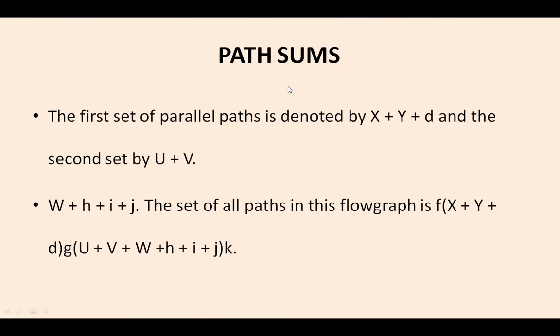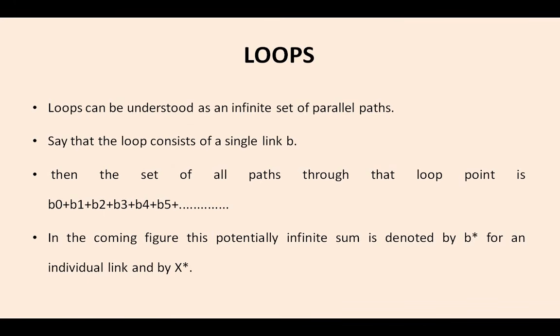And one more thing we have to see: the flow graph can also contain loops. How can these loops be represented? Loops can be understood as an infinite set of parallel paths. Say the loop consists of a single link b, for example, then the loop can be written as b0 plus b1 plus b2 plus b3 plus b4 plus b5.